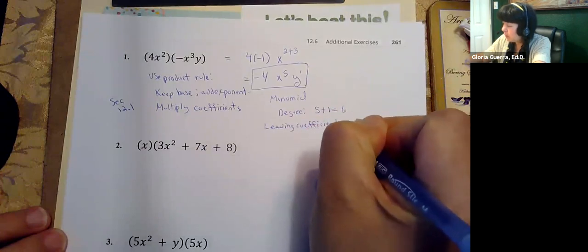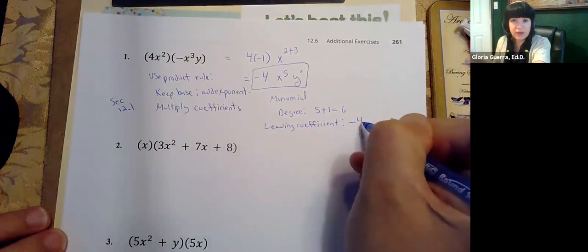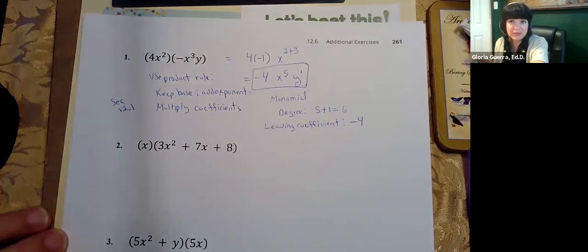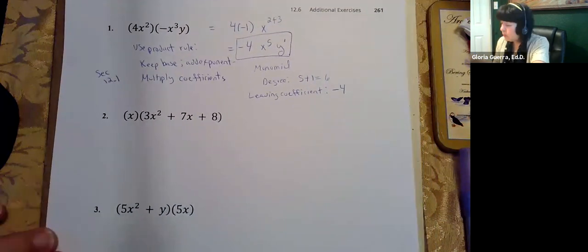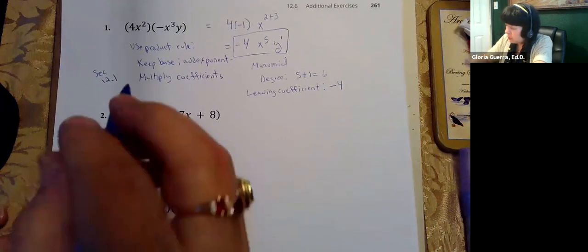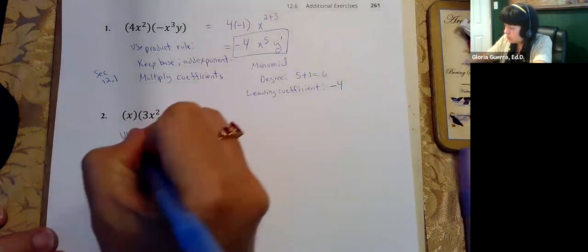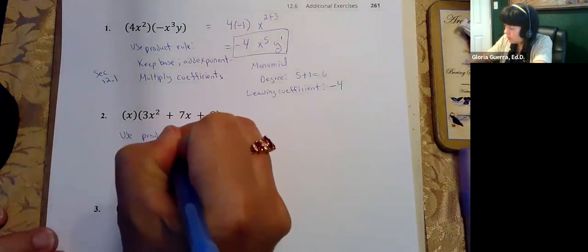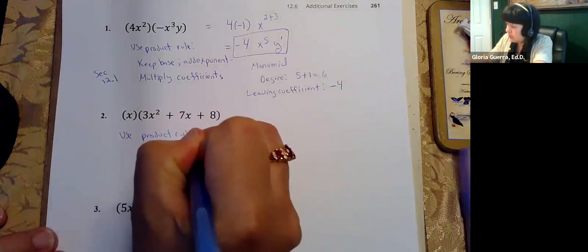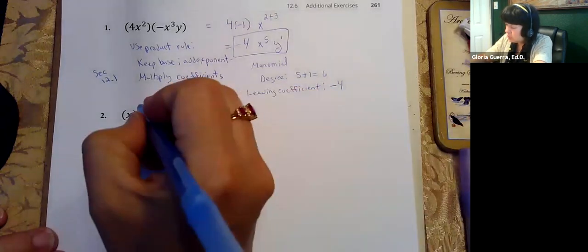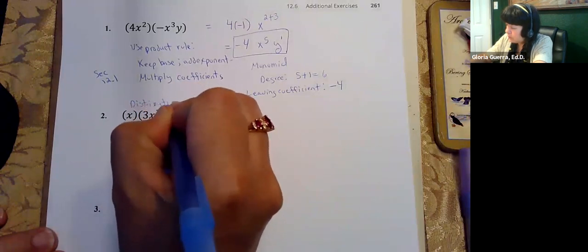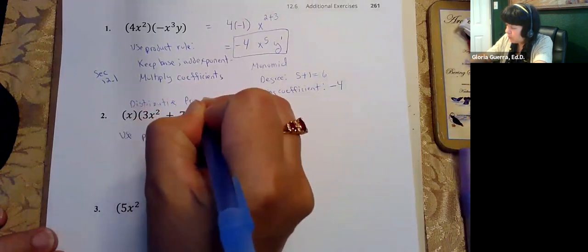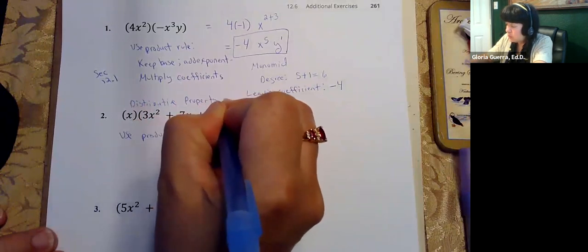So that's all practice from past lessons that we've learned, review of that. Okay, number 2, you're going to use the product rule again, but this idea is also distributive property. So x is your distributor.